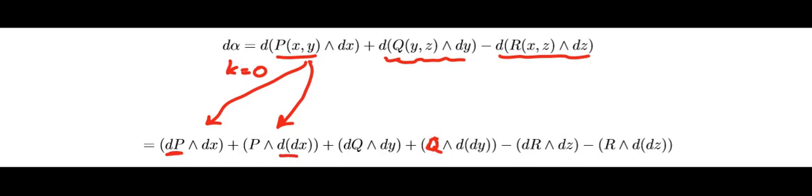So we have a d of dx, a d of dy, and a d of dz right there. So all these terms are just going to vanish out to 0, and we're left with these three terms. Now we're going to find the differential of our functions p, q, and r.